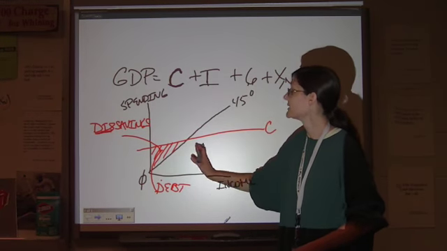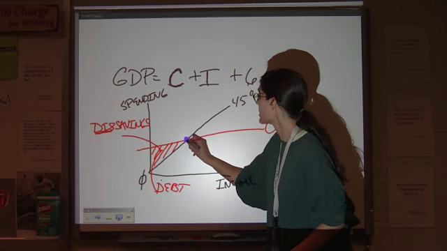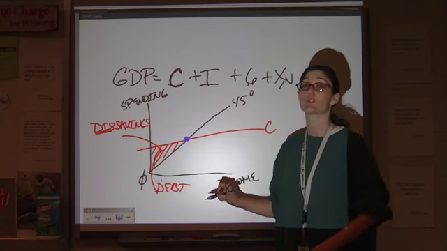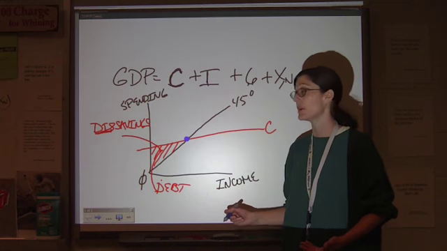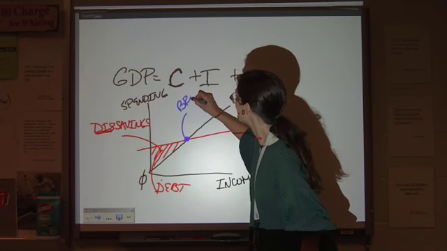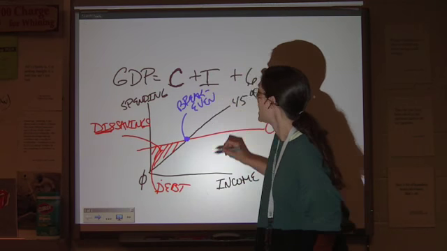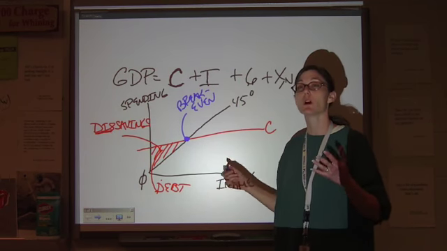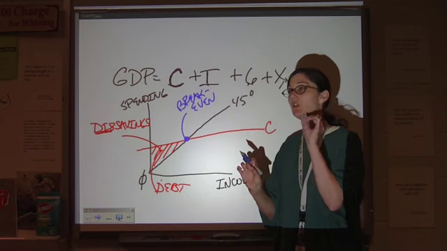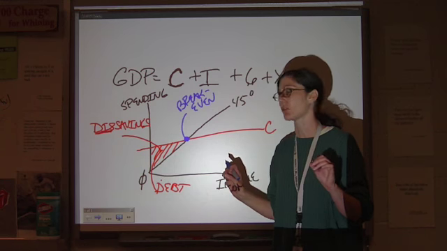As your income potential increases, eventually you get to the point where your consumption line and your reference line cross. That is your break-even point. At your break-even point, you are spending exactly what you make. You are not going into debt, but you are also not having any money left over.